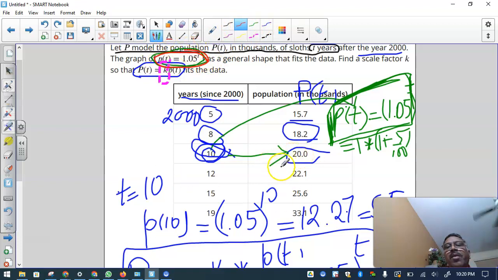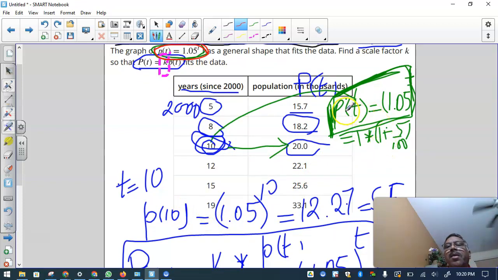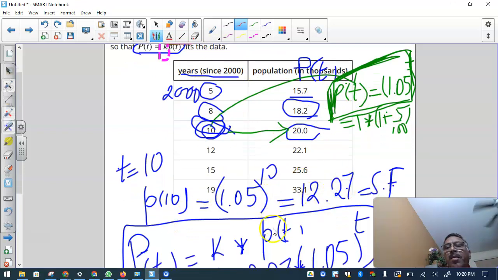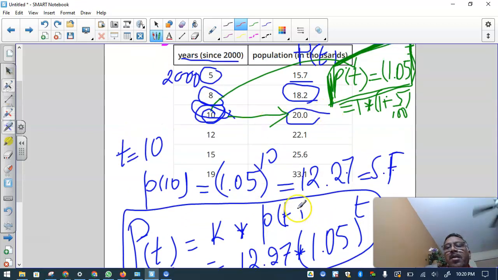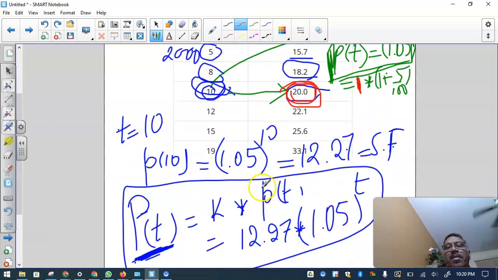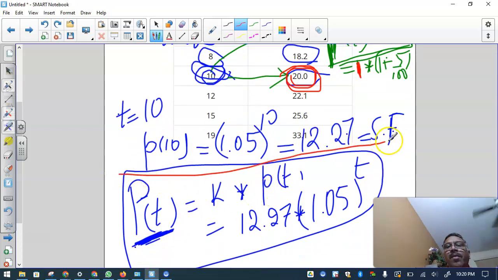All you do is put 10 here, and P of 10 is 20. Then I got the answer as 12.27, which means the output 20 you get by multiplying by 12.2721, which is right here. Hope that makes sense, and you get this whole equation as the answer.